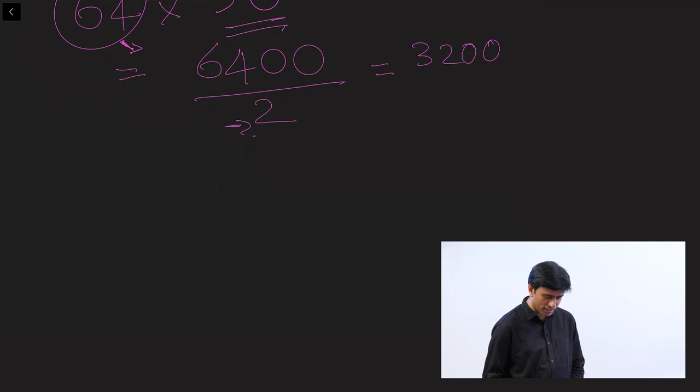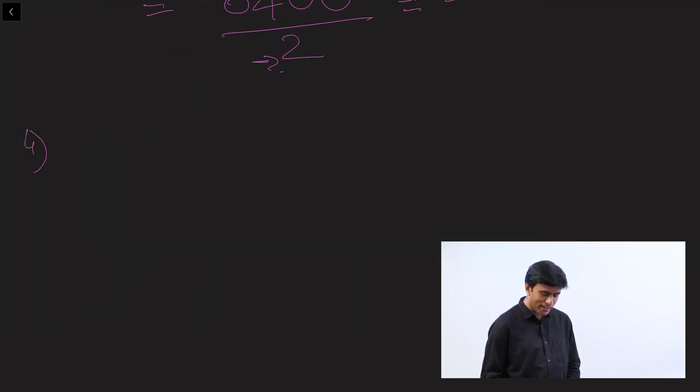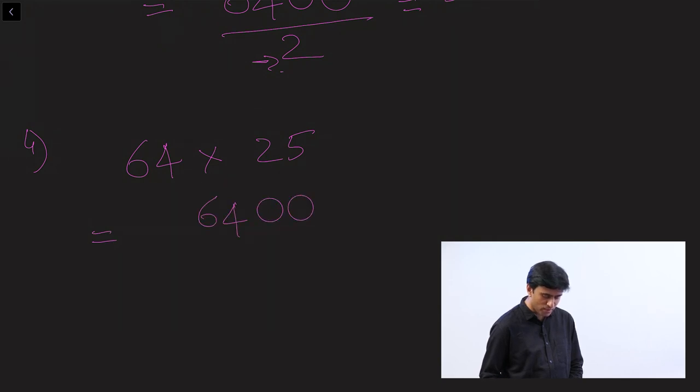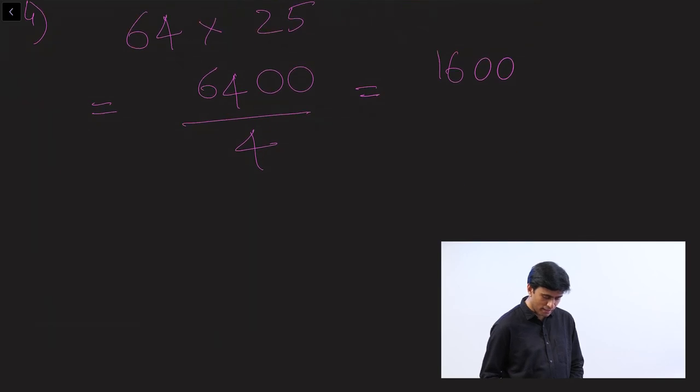Let's look at the last shortcut. What if you have to multiply a number by 25? How do you do that fast? You have to again place 2 zeros and divide the number by 4. So 64 into 25 is 6400 by 4, that is 1600. Let's try another one.